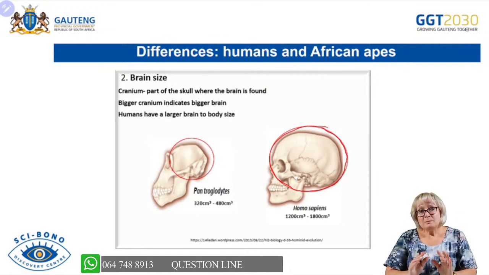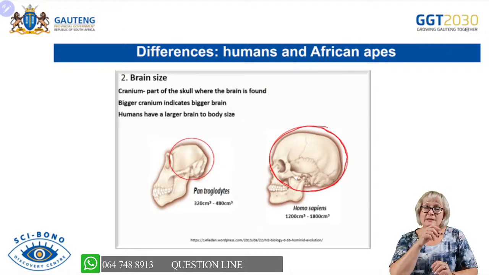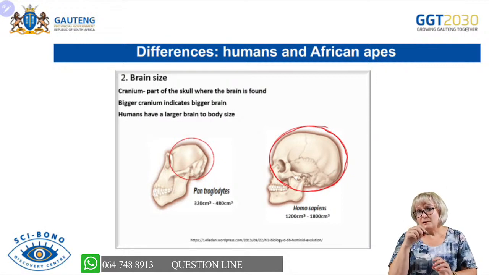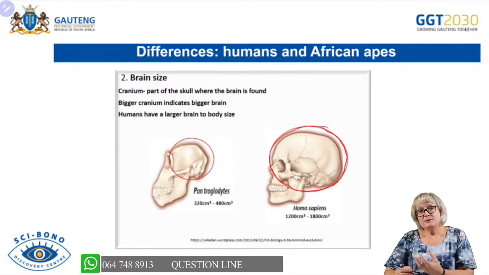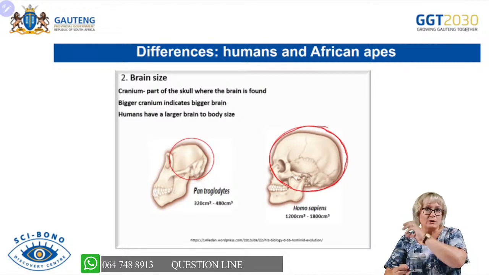Now, don't be misled. If you look at the size of the brain of a whale, it's much bigger than the size of the brain of a human. But yet, we are more intelligent than whales. It's also in relationship with the body size.